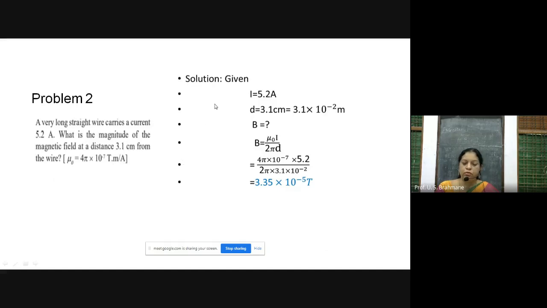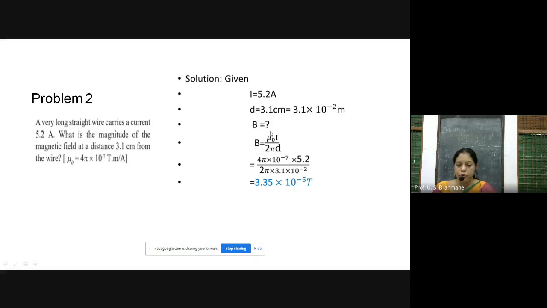Whenever the unit is given in centimeter, you have to convert it into SI unit. So I is equal to 5.2 A, D is equal to 3.1 centimeter, converted into meter. This conversion factor is very important in solving problems. The units should be the same.